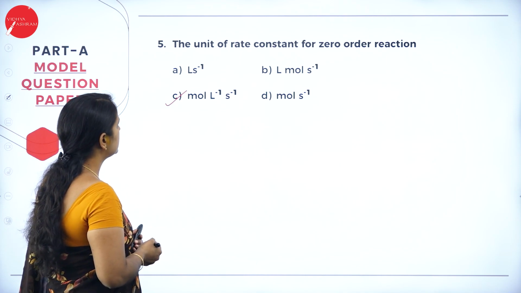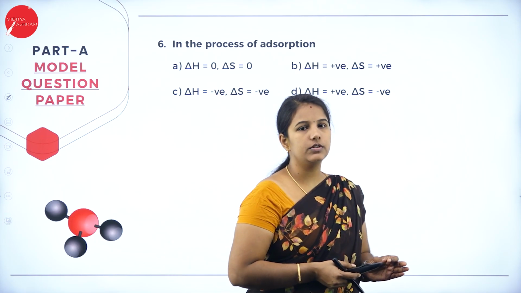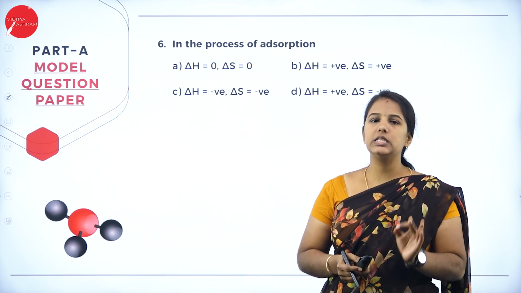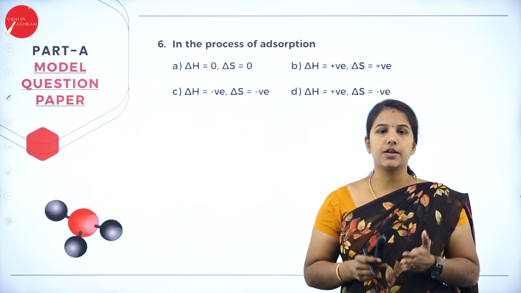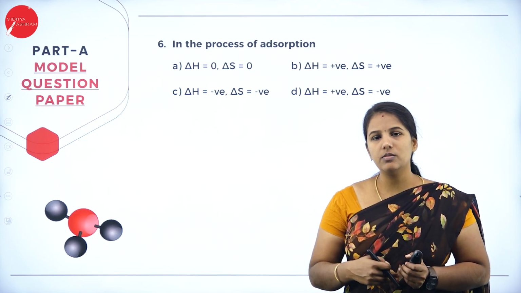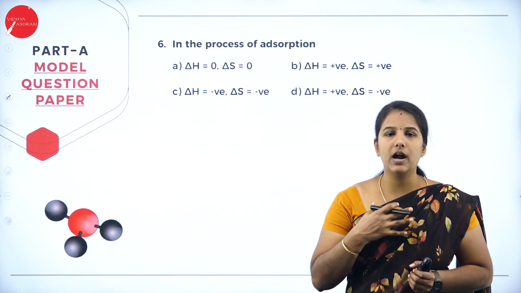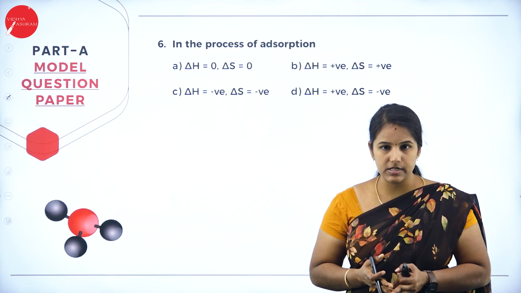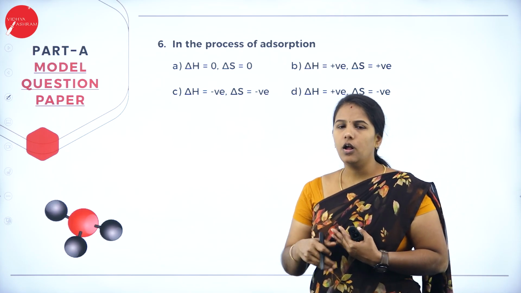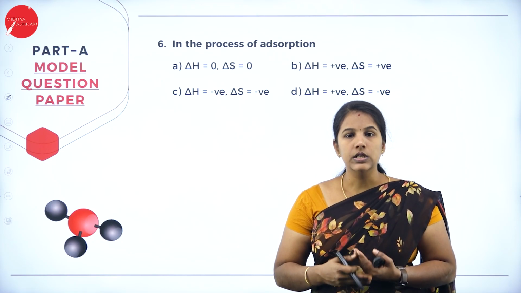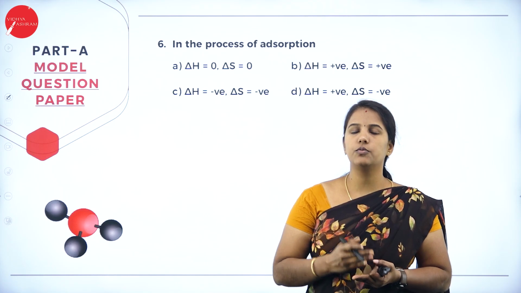Okay. Next, in the process of adsorption, what will happen to the change in enthalpy and change in entropy? As we have already discussed in the surface chemistry unit, adsorption is just a phenomenon where the particles are going to be adsorbed on particular substances. Correct? So it may be a solid or it may be a liquid or anything. So during the process of adsorption, what are the changes in entropy and enthalpy?